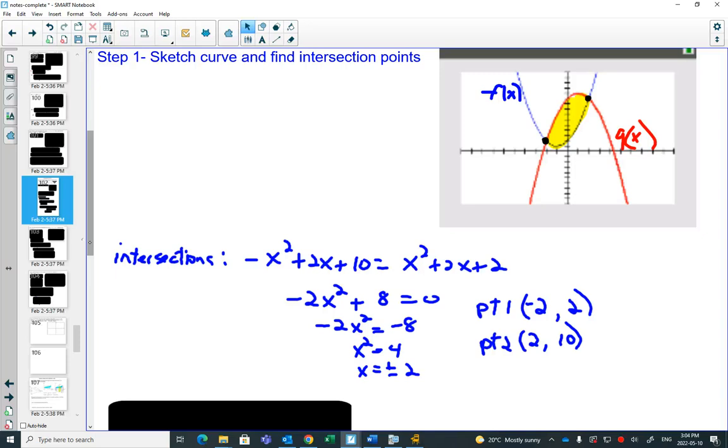The one that opens up is the positive x squared, and the negative one opens down. So I can label these points on here. This one's at negative 2, 2, and this one is at 2, 10.